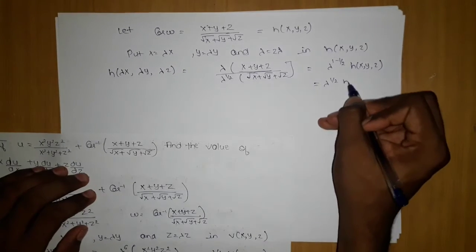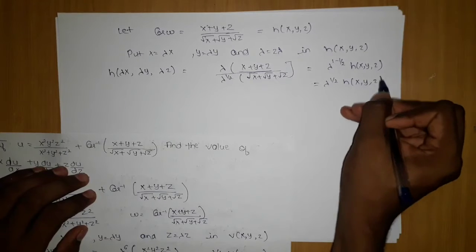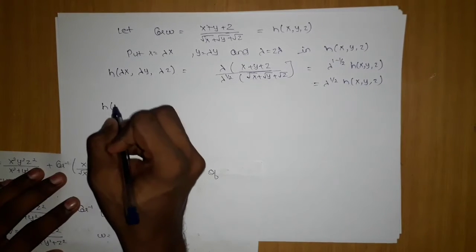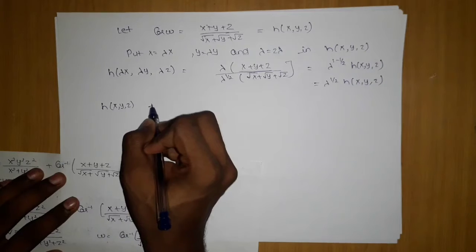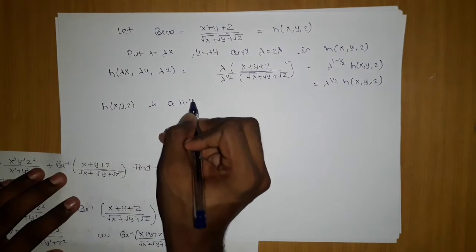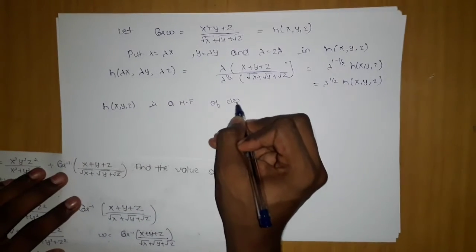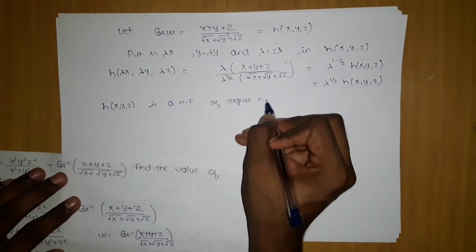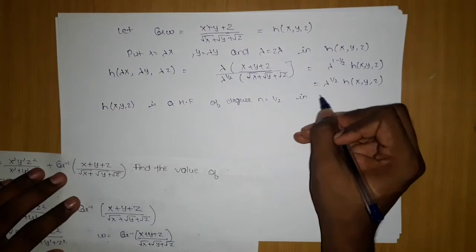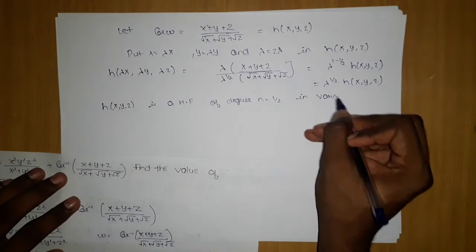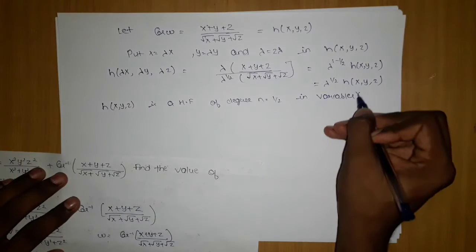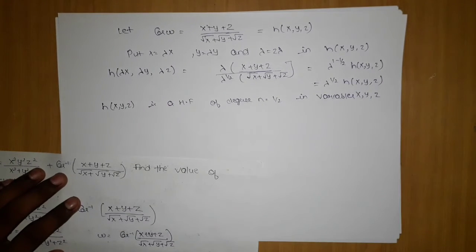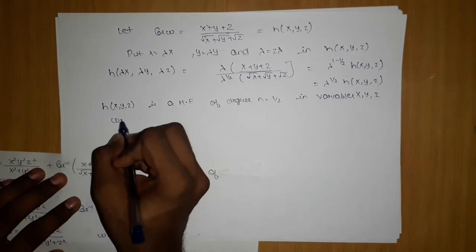Lambda power 1 by 2 times h of x comma y comma z. So you got h of x comma y comma z is a homogeneous function of degree n equals 1 by 2 in variables x, y, z.